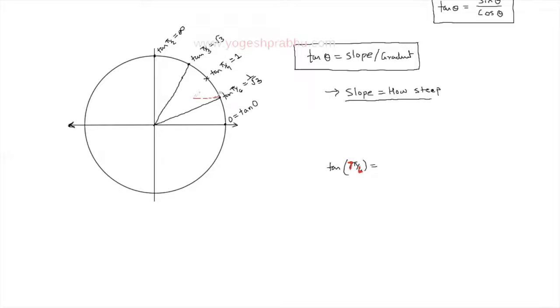You just have to keep going like this, and then you get this angle, which is going to be 5 pi by 6. Then the next angle over here is going to be 7 pi by 6.